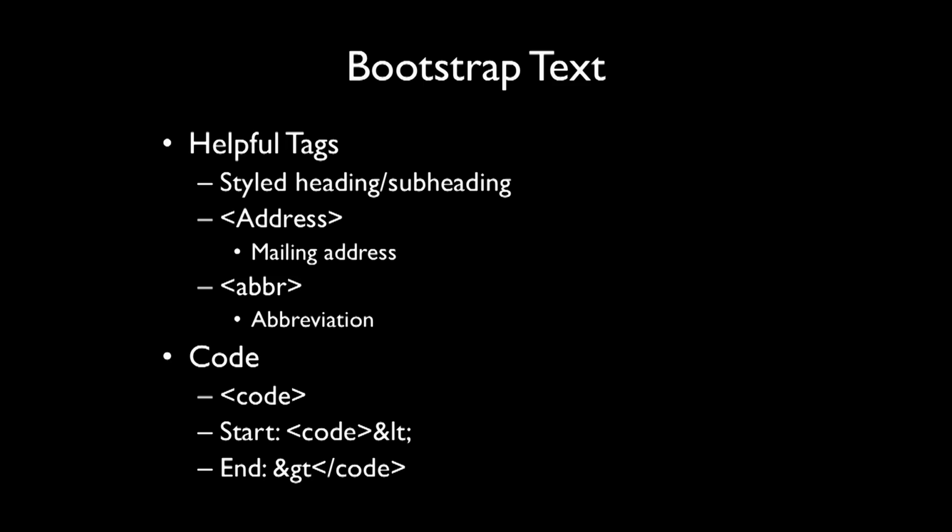So for the start, you'll just do ampersand LT semicolon, and then with the end, you do ampersand GT semicolon. Sorry, I forgot that in the slide. And then the ending tag. So it's a really nice way of writing code on a website if you need that. But again, it's whatever you need it to be.